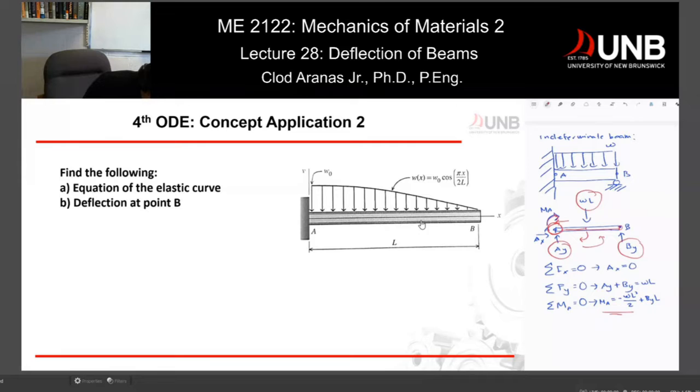It's L squared because I forgot to write it down: the distance of your WL is L over 2, which is the half of the beam, with our beam of length L. If you simplify your distributed load, it will be at the center, L divided by 2. So if you get the moment at point A, it's WL times L divided by 2, and that gives you this L squared. Right, that makes sense. Thank you.